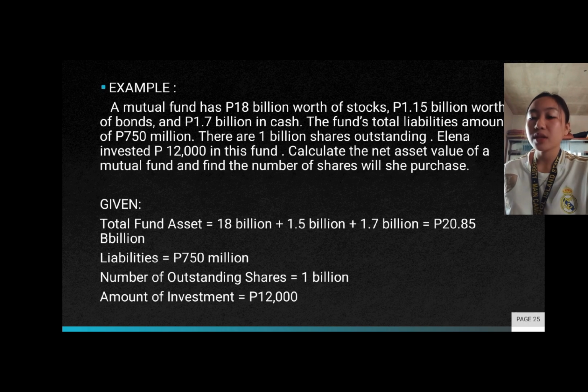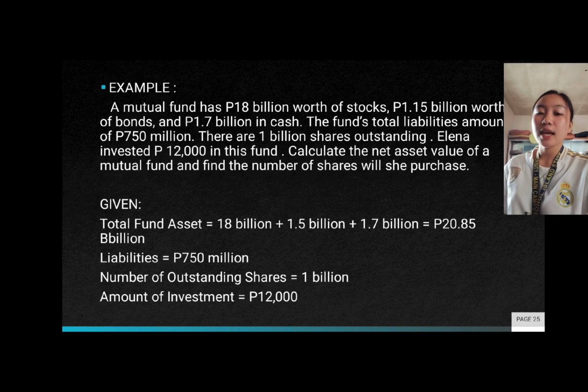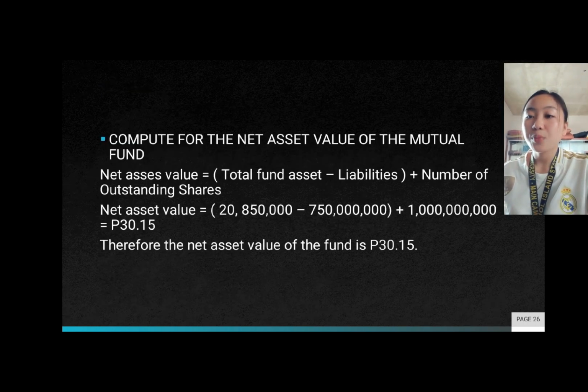The number of outstanding shares is equal to 1 billion. And the amount of investment is equal to 12,000 pesos. So let's compute the net asset value of the mutual fund. The formula is the net asset value is equal to total fund assets minus the liabilities divided by the number of outstanding shares.